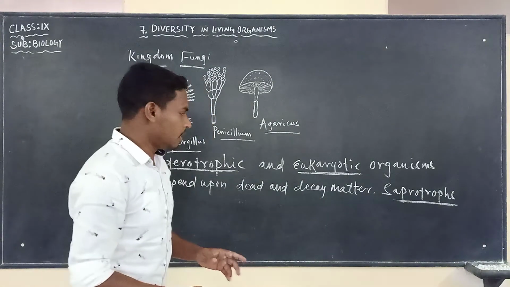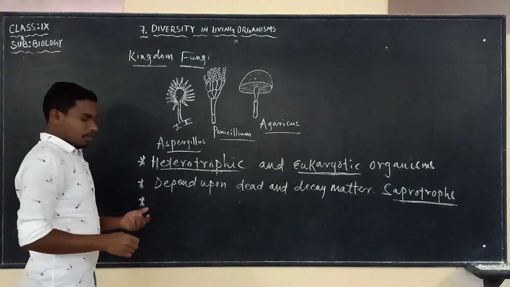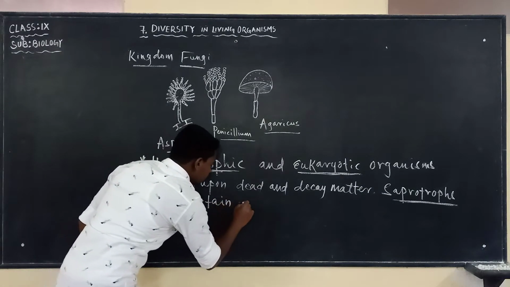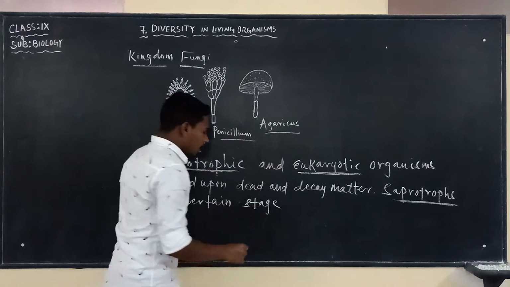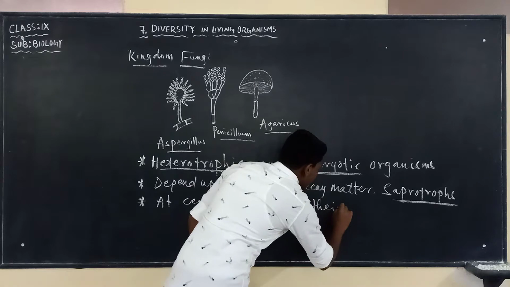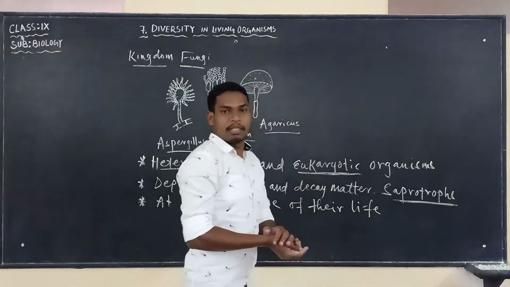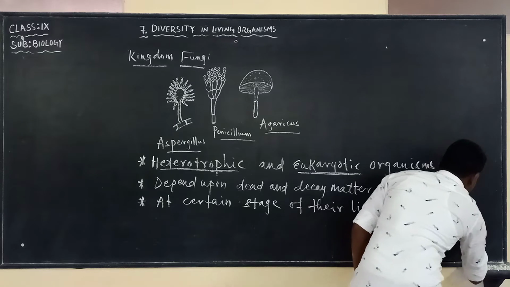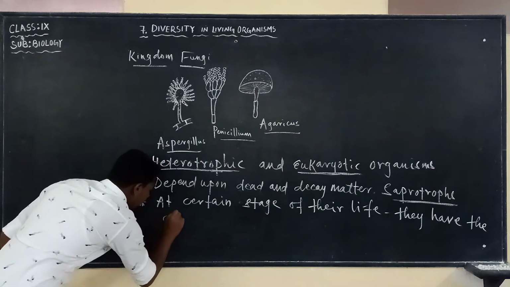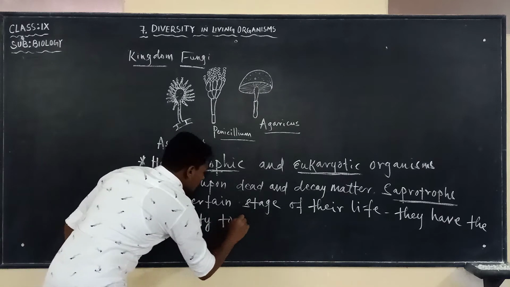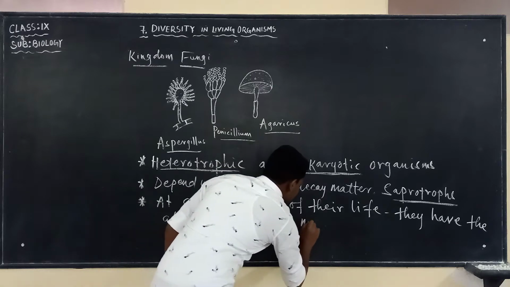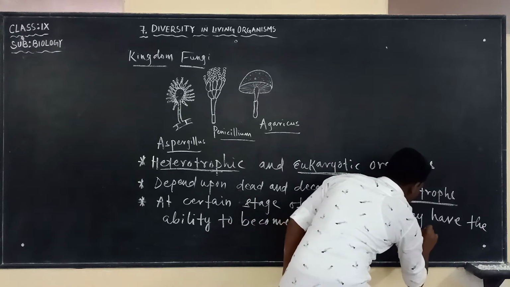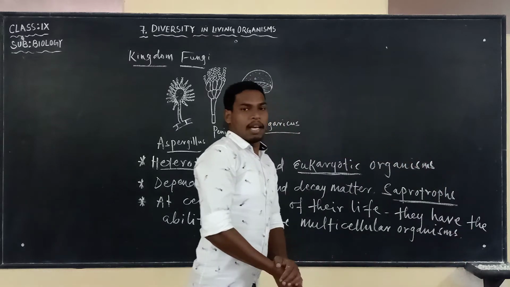And here one more interesting point: at a certain stage of their life, they can become multicellular organisms. At a certain stage of their life, they can become what?